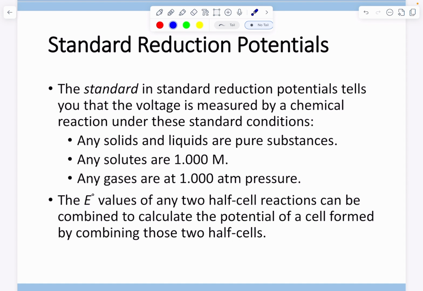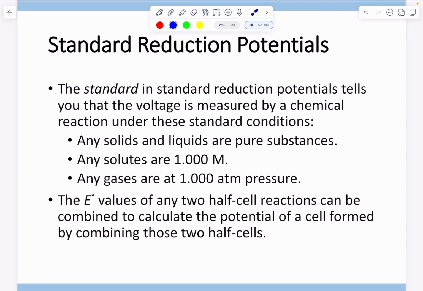The standard in standard reduction potential tells you that the voltage is measured for a chemical reaction under these conditions. Solids and liquids are pure substances, solutes are 1 molar, and gases are 1 atm pressure. The standard reduction potential values of any two half-cell reactions can be combined to calculate the potential of a cell formed by combining those two half cells.